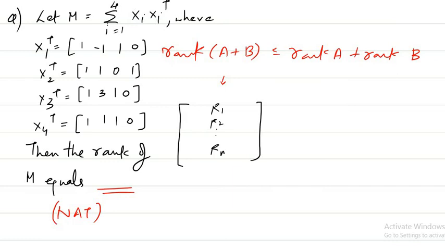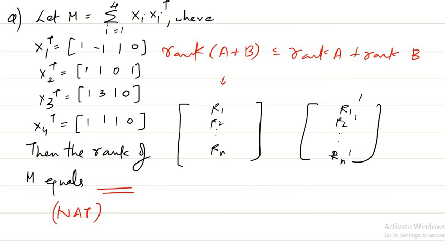Now we have the second matrix, in which also we take rows R1 dash, R2 dash, etc., up to Rn dash.